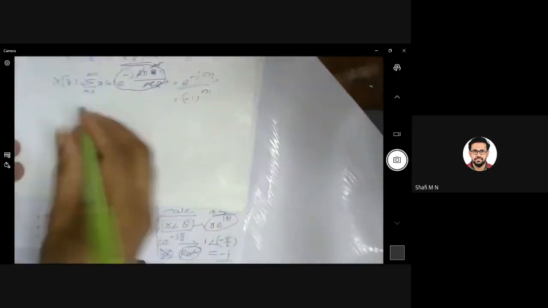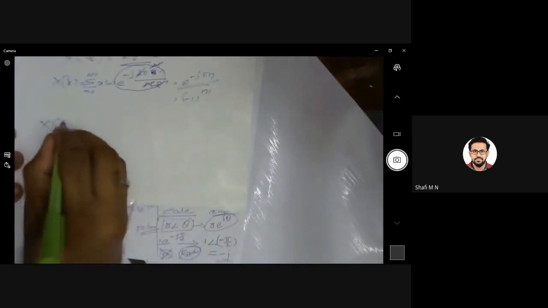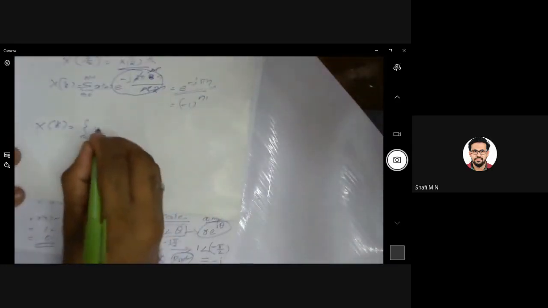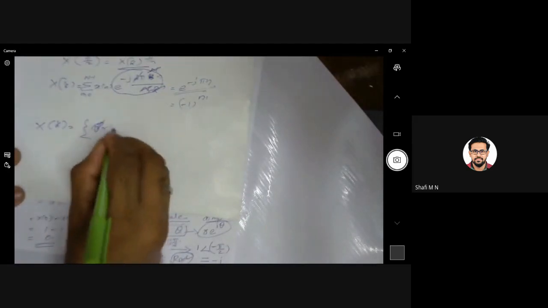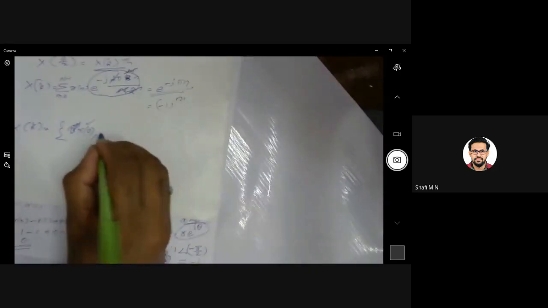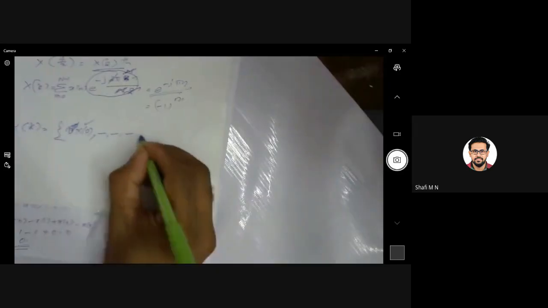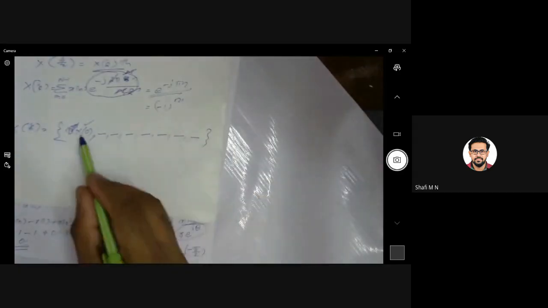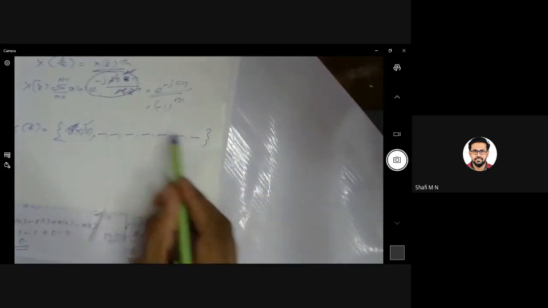So if there are 8 terms, which will be the center term? Okay, let us look at an example with 8 terms. x of k. Assume that I have 8 terms. So the first term is the 0th term, x of 0. This will be the sum of all digits, right? Then you have remaining how many terms? 1, 2, 3, 4, 5, 6, 7. Total 1, 2, 3, 4, 5, 6, 7, 8 terms.